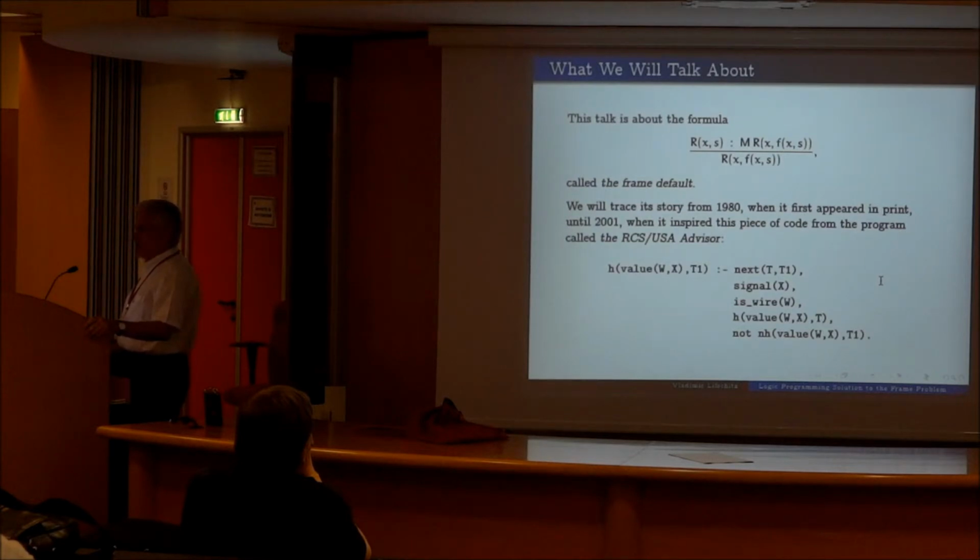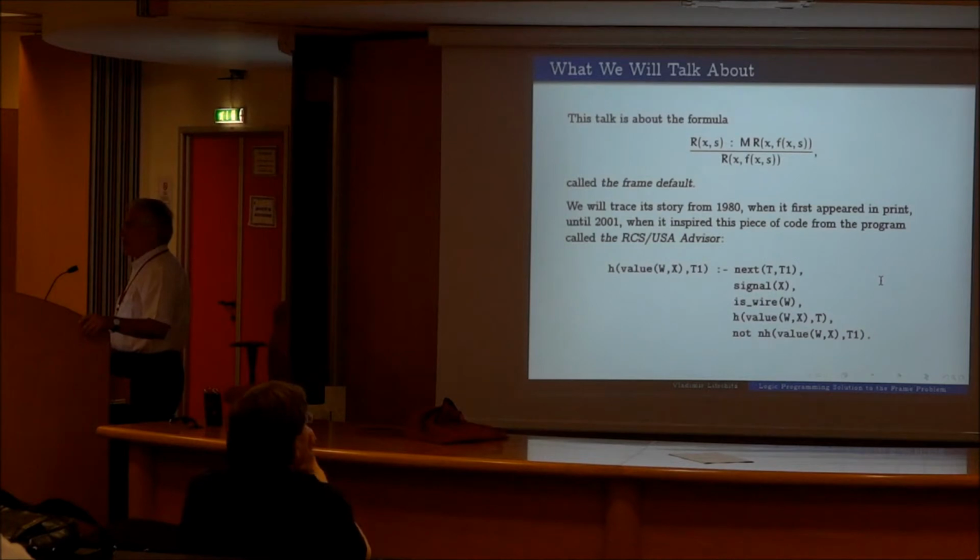RCS stands for Reaction Control System, and that was the system aboard the space shuttle that was used to change the orientation of the shuttle in flight. And USA stands, not for what you think, in this case USA stands for United Space Alliance, and that is the company that at that time was responsible for the management of the space shuttle fleet.